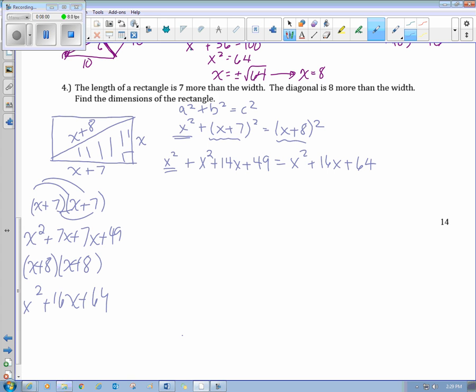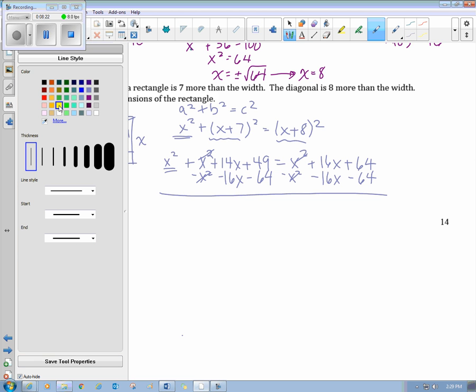And there's probably a lot of you that can kind of do that in your head. In this particular case, if I minus the x squared from both sides, they're going to cancel. I'm going to minus the 16x from both sides. And I'm also going to minus the 64 from both sides. I recognize that this was a quadratic equation because of the x squared, and I'm sure some of you also noticed that.